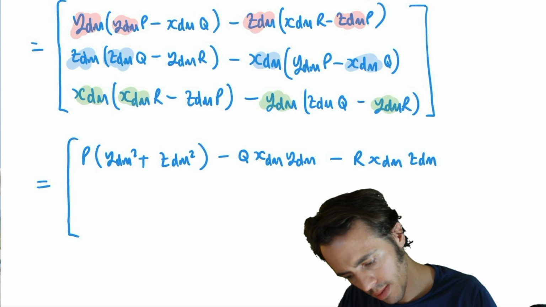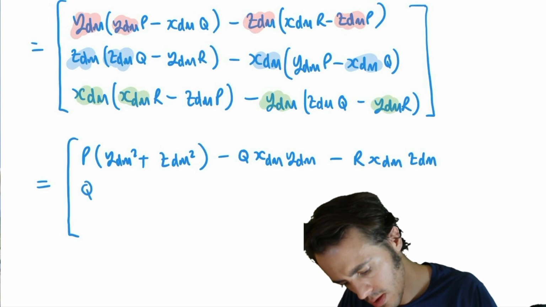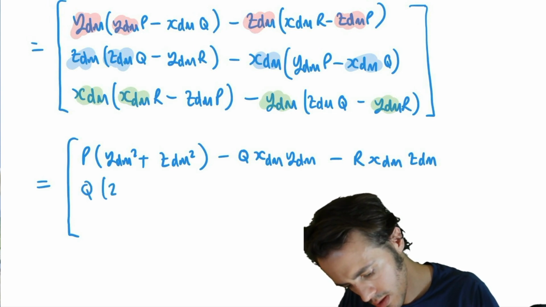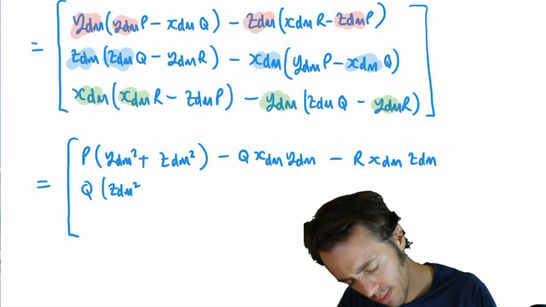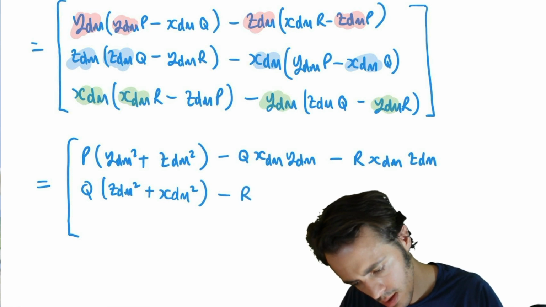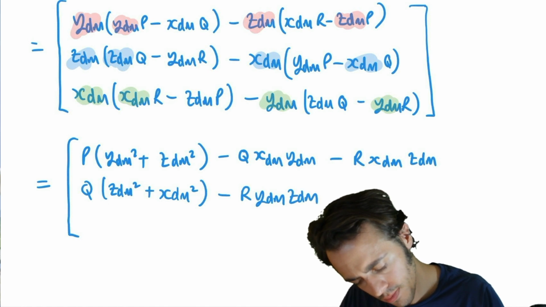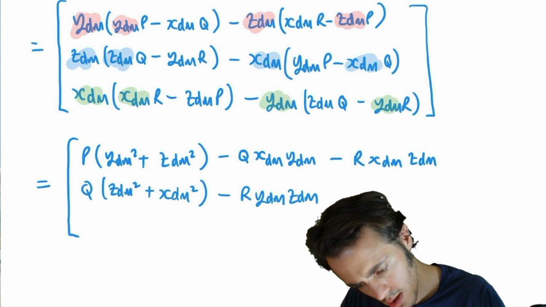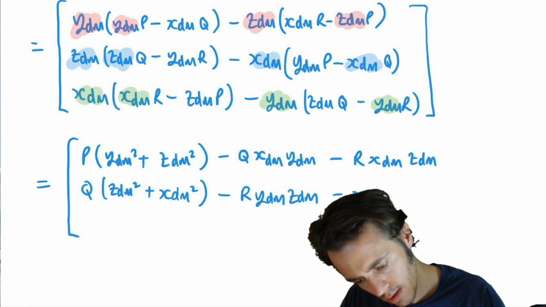Okay, on the next one I'm going to have q z dm squared plus x dm squared minus r y dm z dm minus x dm y dm p.